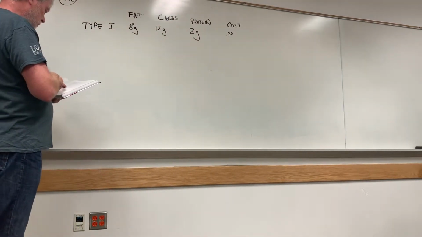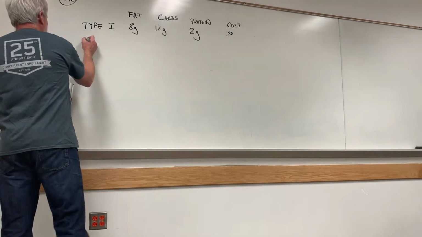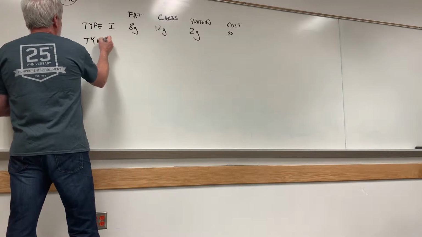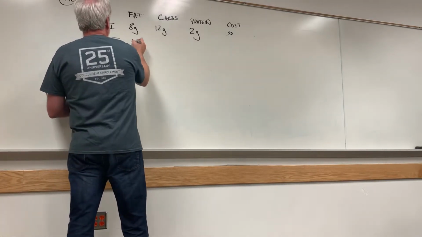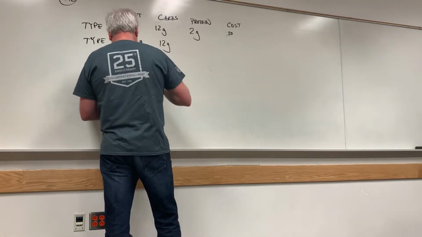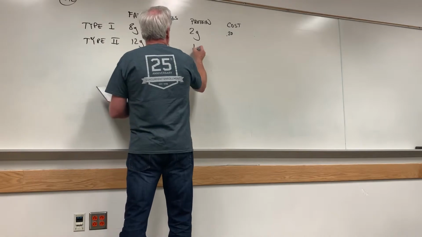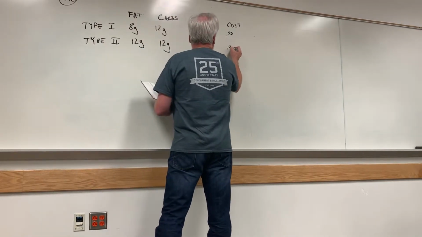Type 2, let's see, 8, 12, 2. Food type 2 has 12 grams of fat, 12 grams of carbs, and 1 gram of protein. And it costs 30 cents an ounce.